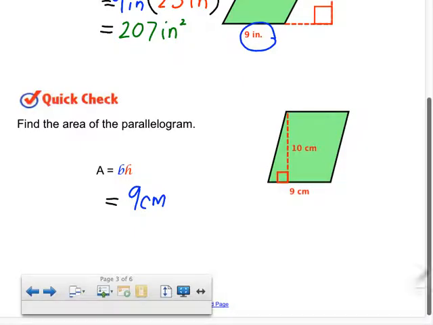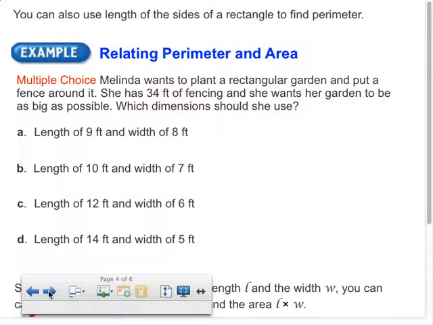And we need to multiply that by the height. What did you find for the height? 10 centimeters. Very good. Make sure you give me this in the correct units. What is the area of this parallelogram going to be? Nope. What do you leave out, guys? 90 centimeters squared. Okay?